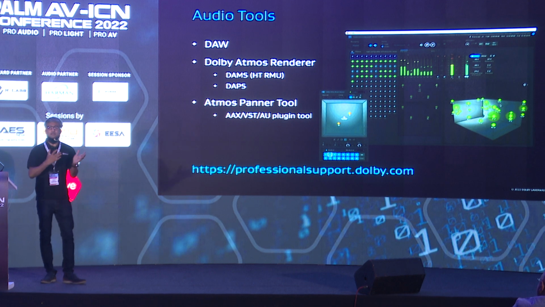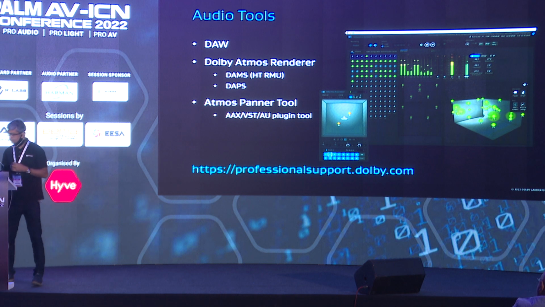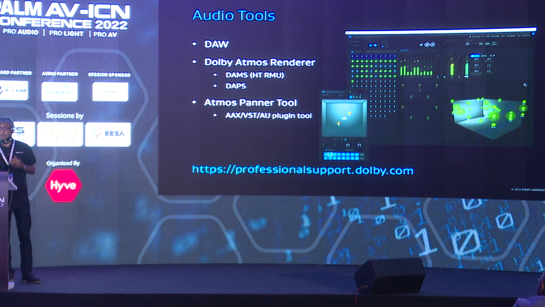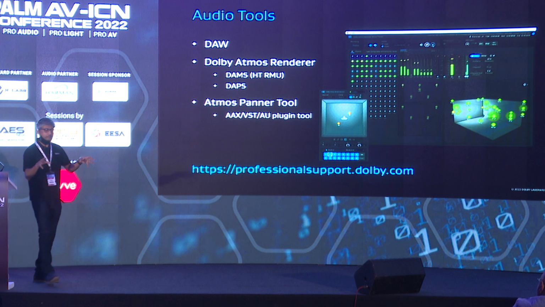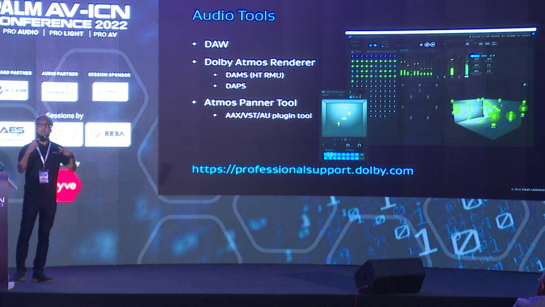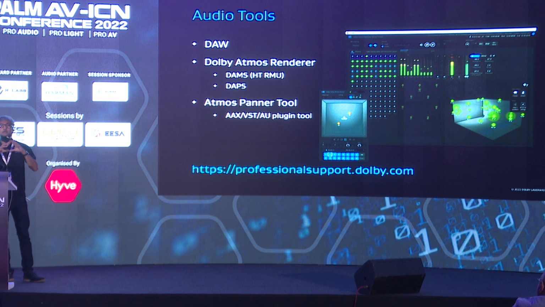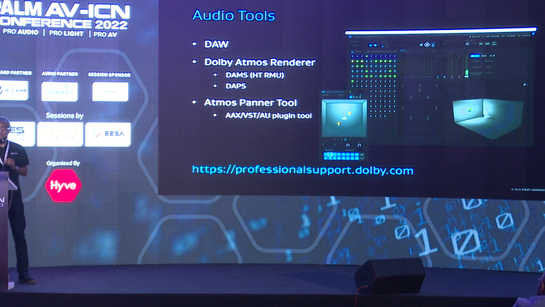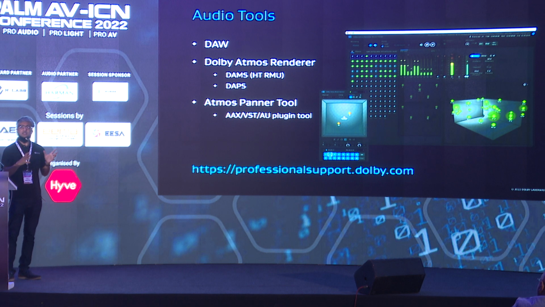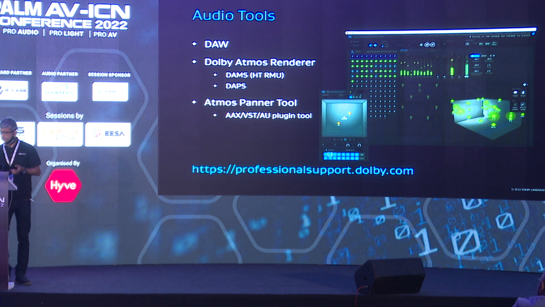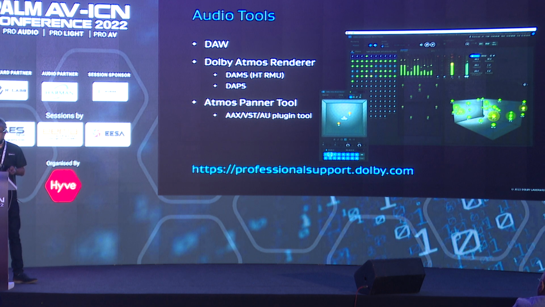And it'll do pretty much the same job with a few limitations, which are beyond the scope of today's discussion. That is actually a part of the discussion when we talk about how an Atmos mix is done. Just a few minor differences. Most of the functions are similar, and so even if you're working with the software renderer only, you can pretty much do almost everything that you would want to do in your Atmos mix.